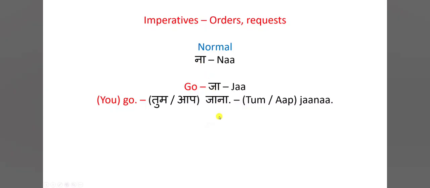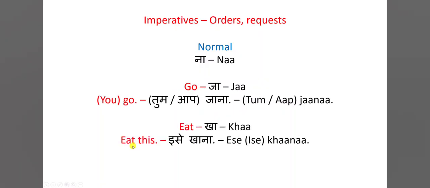Alright? Eat is kha. If you want to say eat this, then you will have to say ise khana. Na is added to the root verb. Okay? You can say this to your friends, or you can say this to servants. Alright?